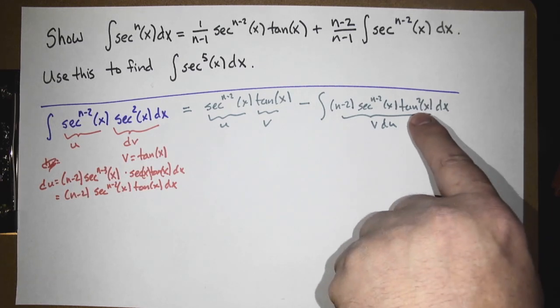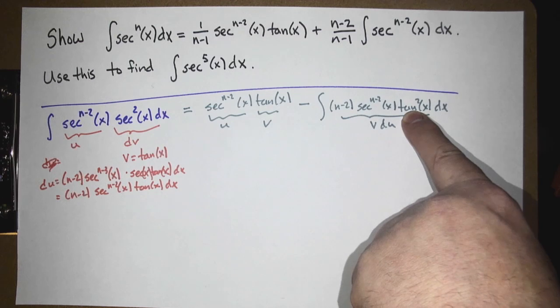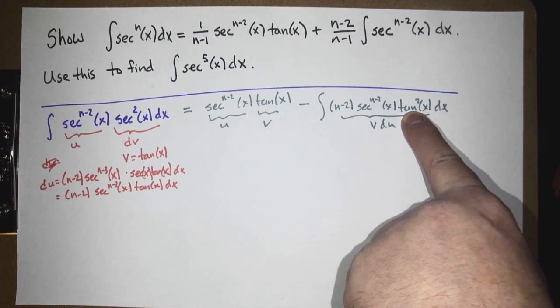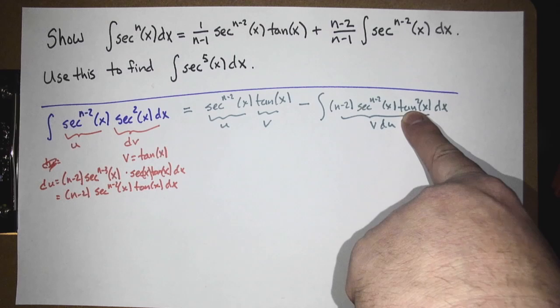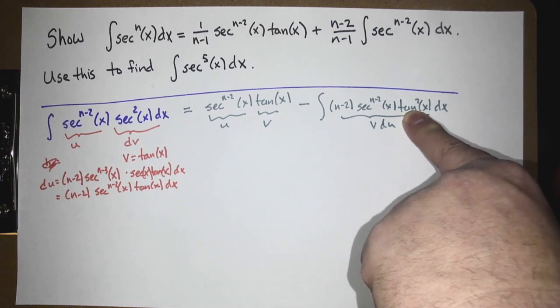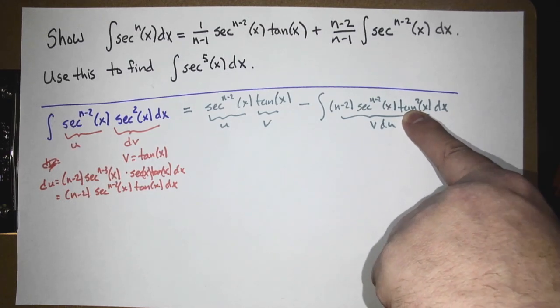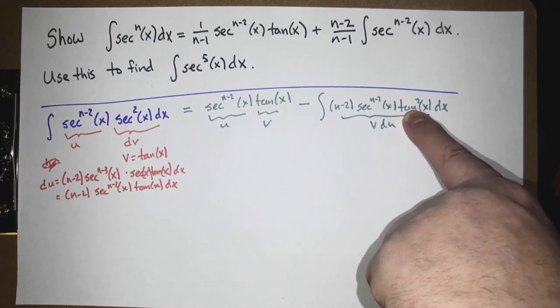What do we have here? I'll give you a hint, I'm pointing at it. Tangent squared. What can we do with tangent squared? Becomes secant squared minus 1.